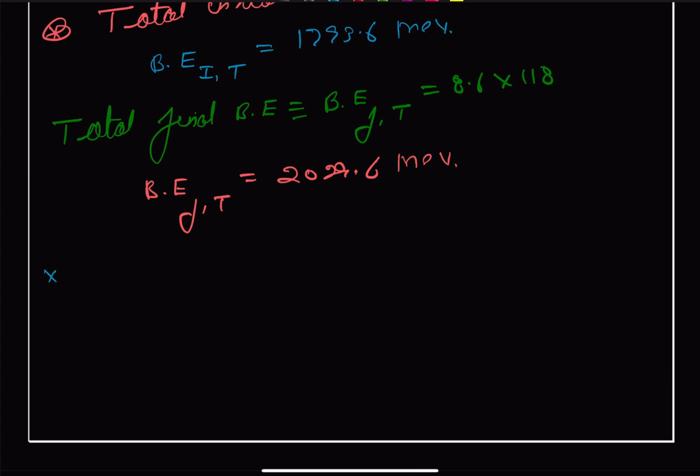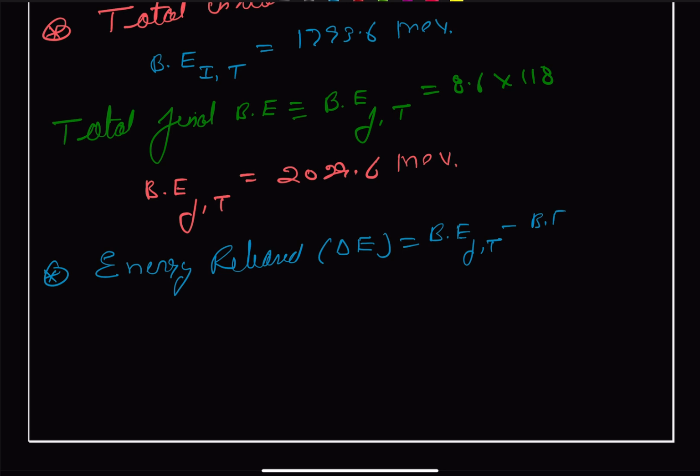Now we can find out the energy released, the difference between the binding energies. Therefore, we can write that energy released, which is delta E, will be equal to binding energy final total minus binding energy initial total.